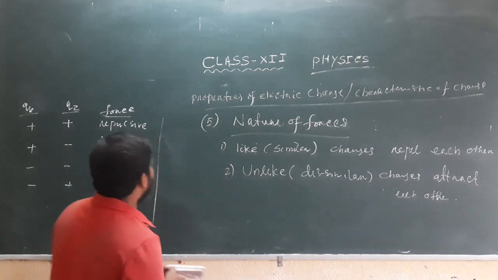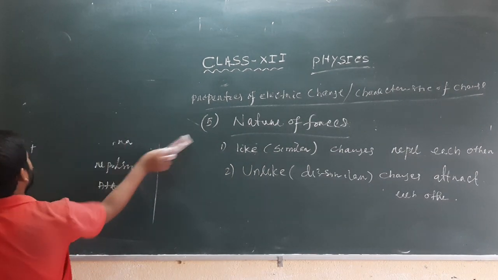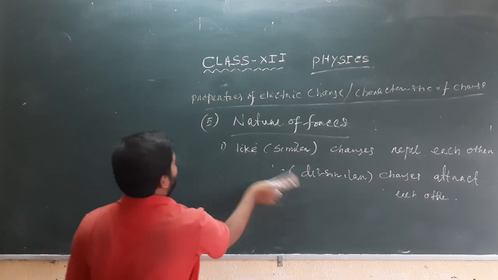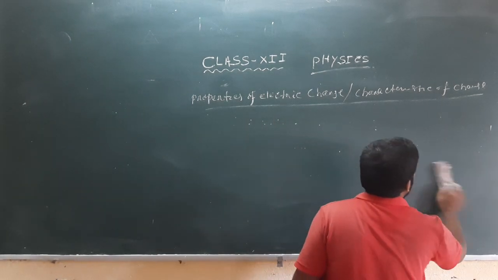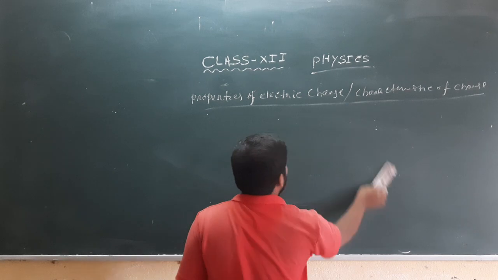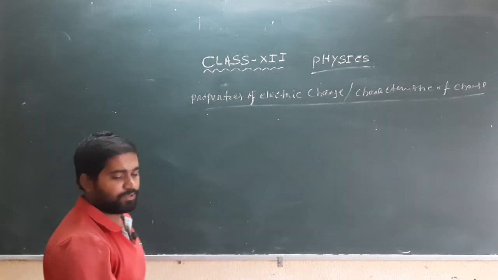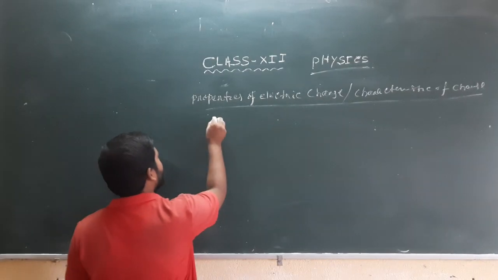The next property of electric charge is about the transfer of charges. In this property we say electric charge can transfer from one body to another body. This one is very important.